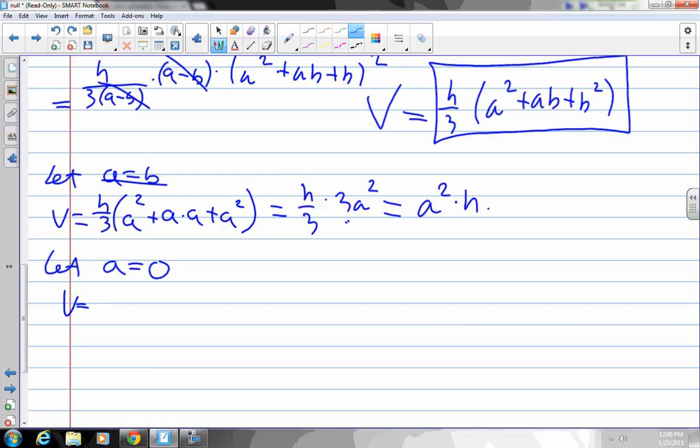It's b squared h over 3, right? Which is the volume of a square base pyramid. So this is the volume of a pyramid. This is the volume of a square base box. And this would be the general formula. Fun stuff.